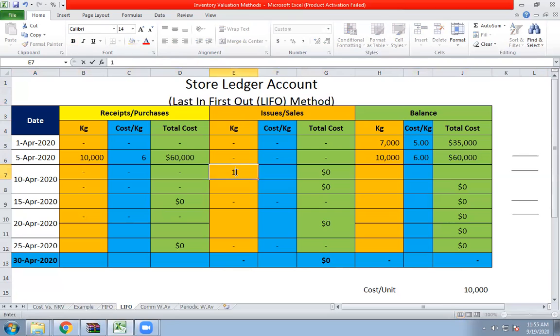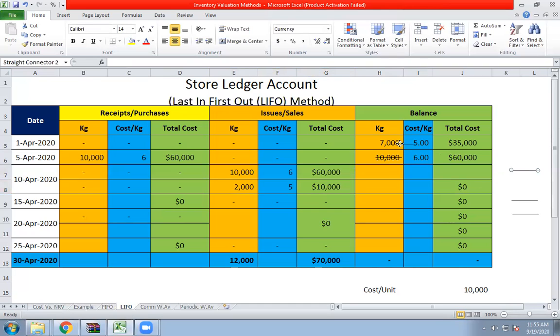So first I will issue this 10,000 kg, valued at 6. I will put a line on this 10,000 because it has been issued. And the next 2,000 I will issue from my opening stock, which has a value of $5 per kg.